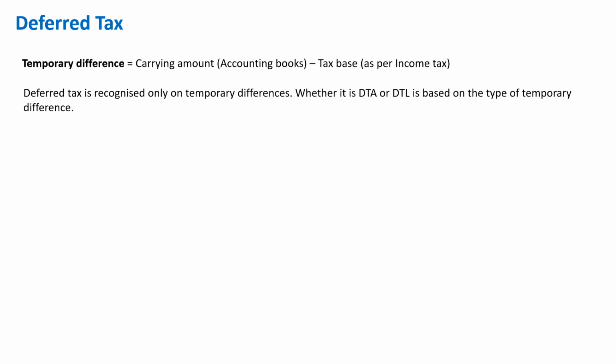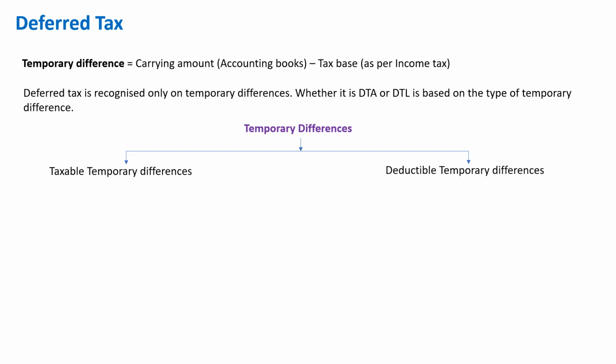There are two types of temporary difference. Taxable temporary difference means currently it is not taxable, it will be taxable in future. Another one is deductible temporary difference, that means the expense is not allowed now but will be allowed as deductible in future years.